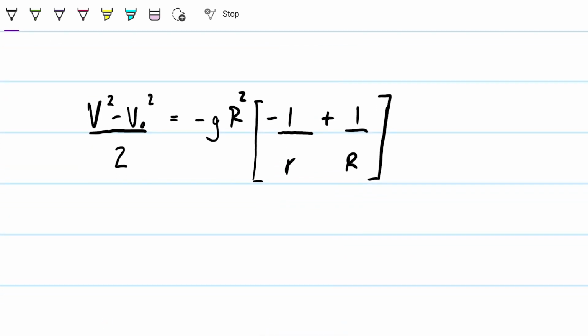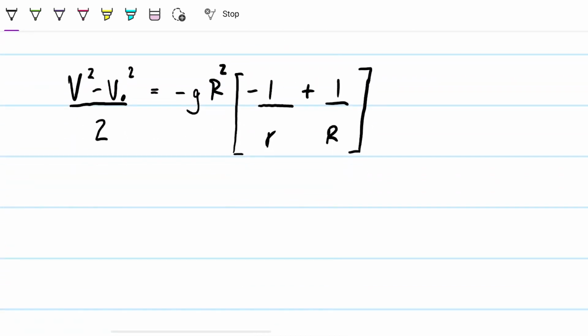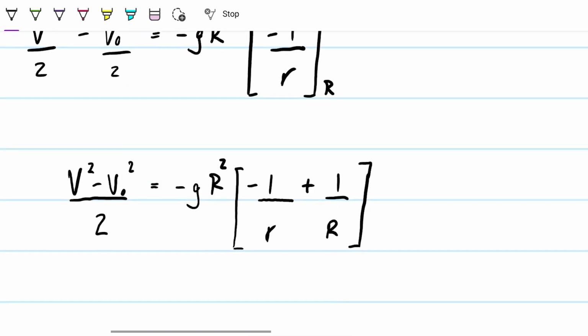Oh, there's a square here that I forgot. All right, cool. Did I forget it? Oh, still. Okay, cool. So now I can go ahead and start. Now I'm going to send this negative here inside. So I'm going to get rid of that negative, and this is going to become a negative, just like that.